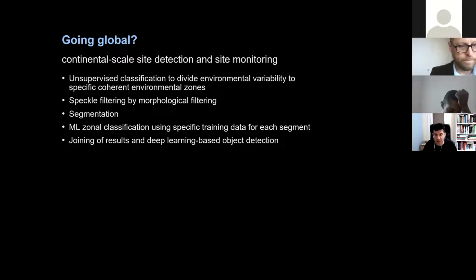It will classify the training data in coherent groups, so you will have specific training data which is coherent in specific areas. Then the results will be filtered, and for this it will also use some kind of segmentation, and then the results of the different areas will be joined.